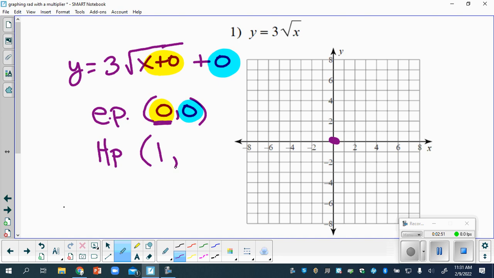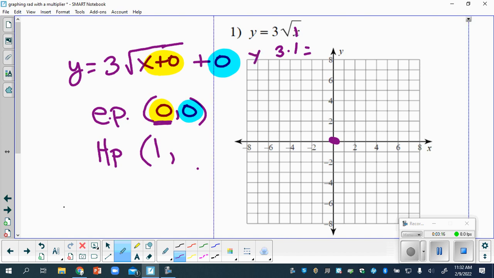We're going to plug this 1 right in here. Do you see how I'm doing that? The comma went with it. So I'm going to plug 1 in, and so what I have, the square root of 1 is 1 times 3 equals our y.